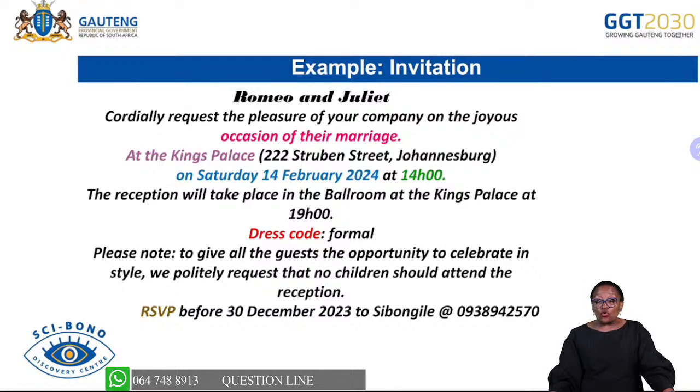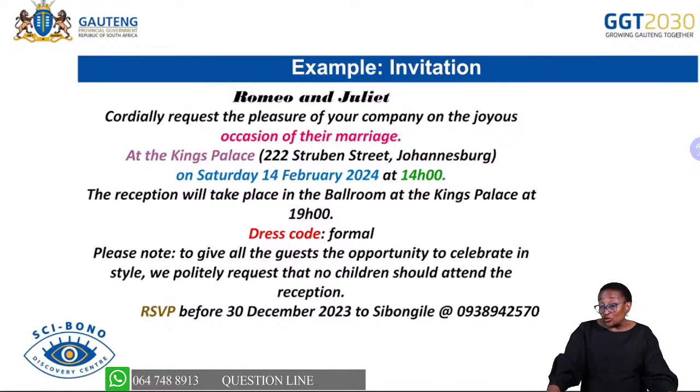Romeo and Juliet cordially request the pleasure of your company on the joyous occasion of their marriage at the King's Palace, 222 Struben Street in Johannesburg. The date there is Saturday, the 14th of February 2024, and the time is also indicated at 14 hours.